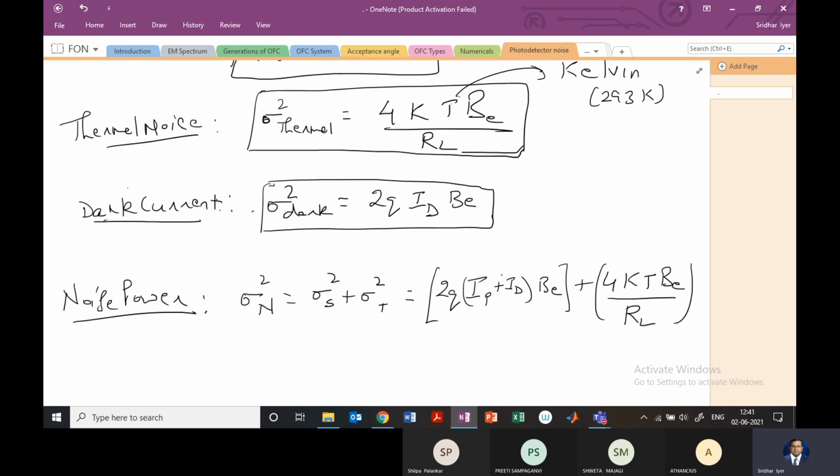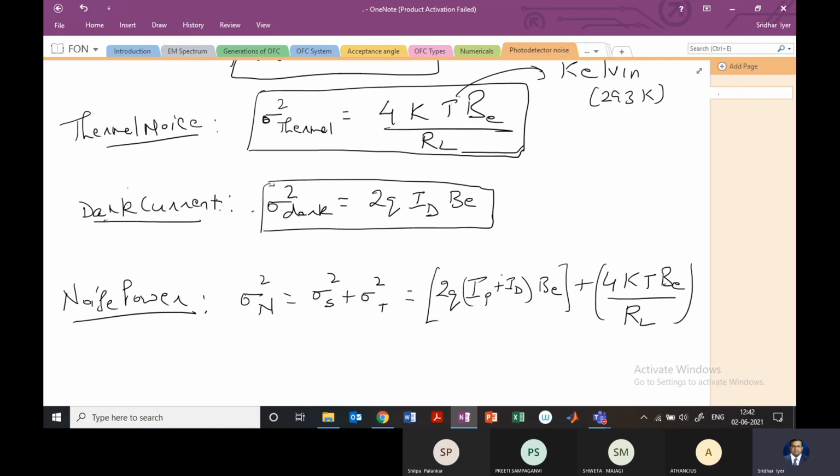Just trying to open a numerical. In fact, Gerd Keiser also solves some numericals, but it assumes that you know most of the communication part. It's a little bit complicated, not suggested so much for beginners.